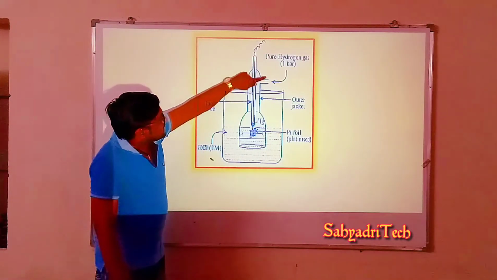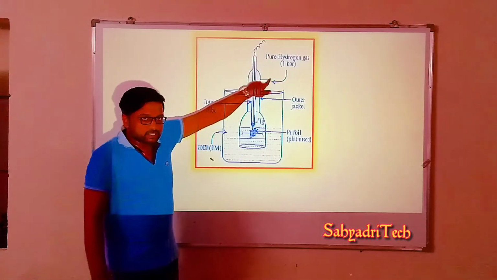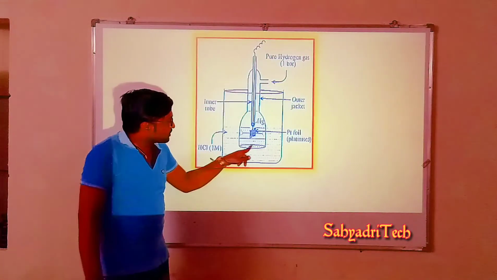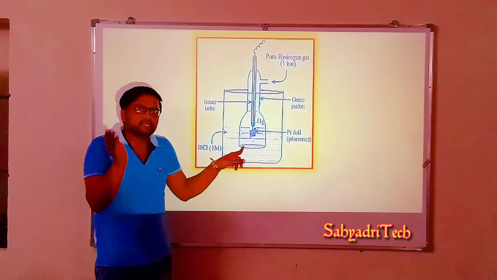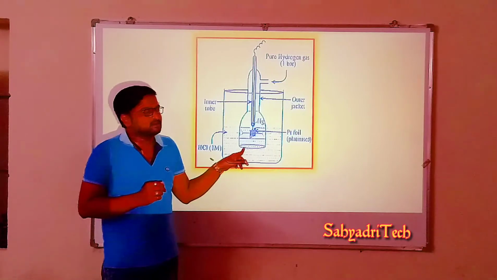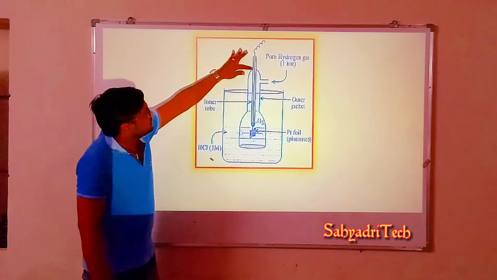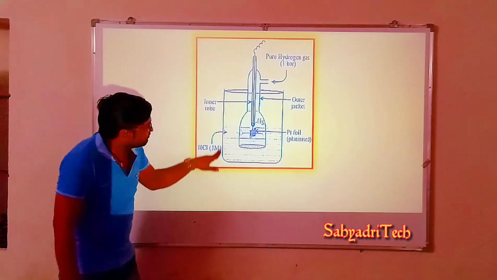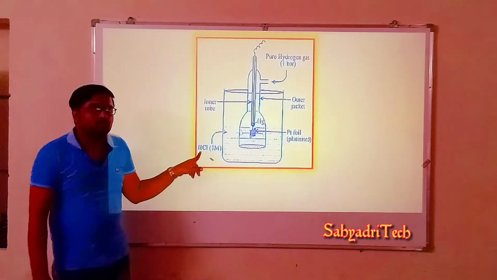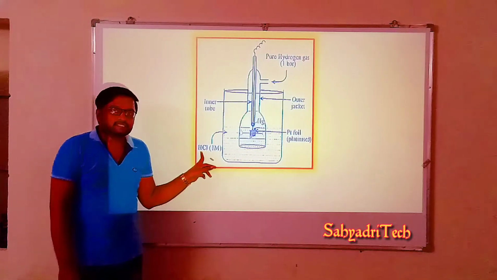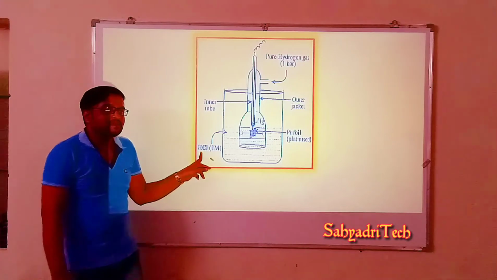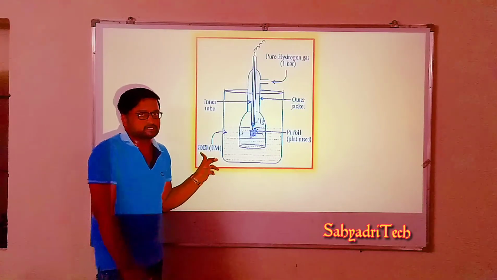So that outer jacket has an inlet to pass hydrogen gas and it has a porous base to escape the excess of hydrogen. So at this condition, what we do, this electrode is immersed in a beaker containing 1 molar HCl solution. Generally we say 1 molar acid solutions.